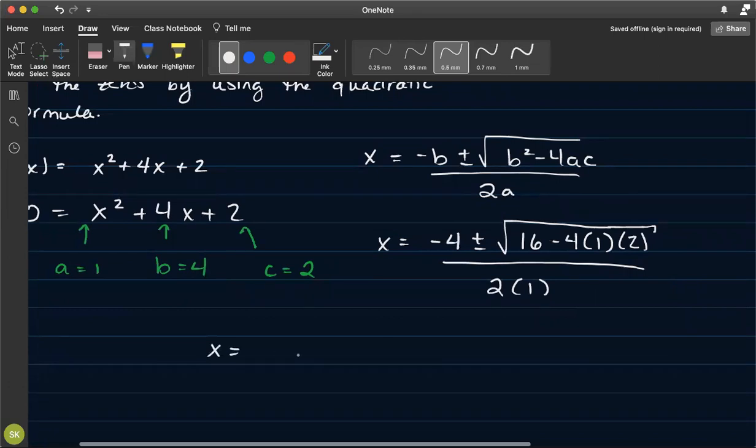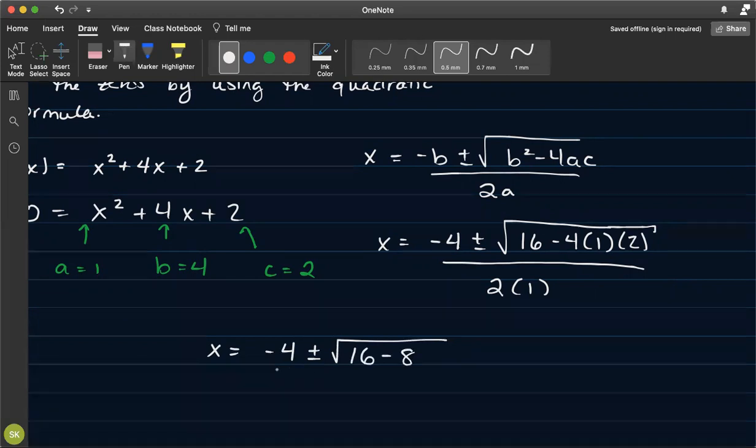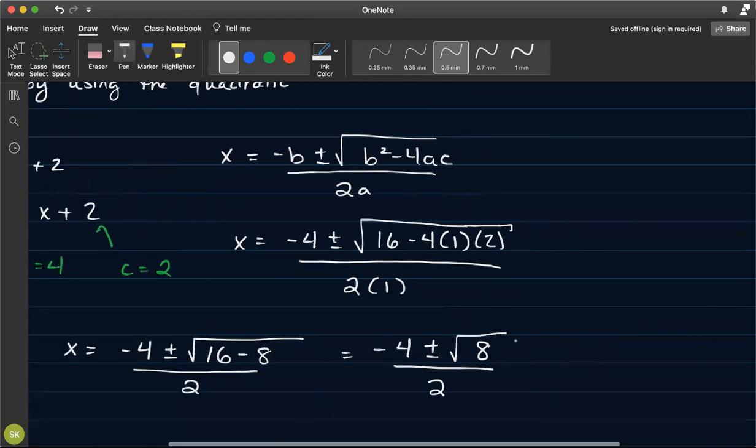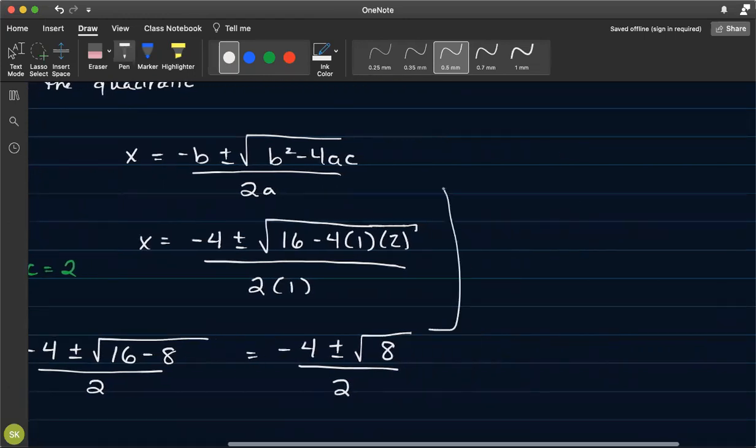This is x equals negative 4 plus or minus the square root of 16 minus 8, divided by 2, which is negative 4 plus or minus the square root of 8, all divided by 2. And we're almost done. Let's put this solution up here.